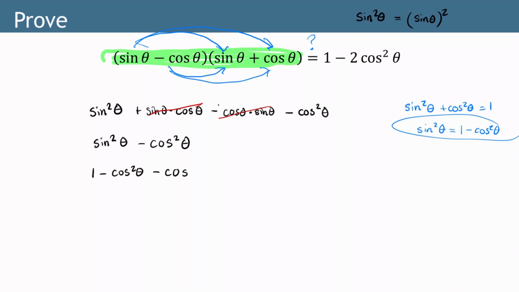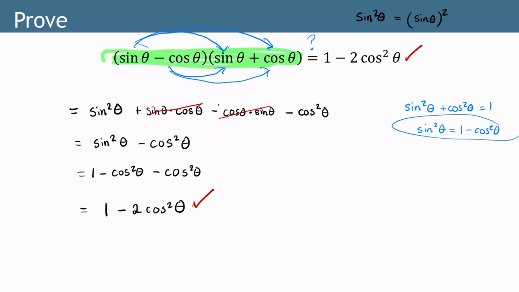I have a minus cosine squared. Oh, there we go. By the way, I'm taking that green chunk. It's equal to this, equal to this, equal to this. And aha, I have a minus cosine squared, a minus cosine squared, so that's two of them. All right, nice. And that's exactly what I want. Ta-da!